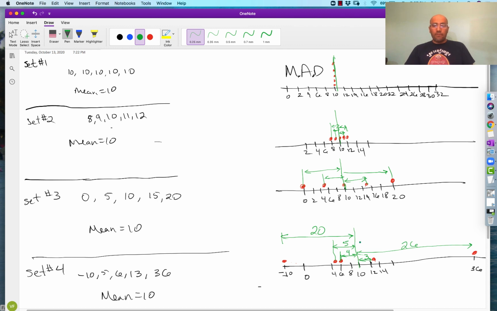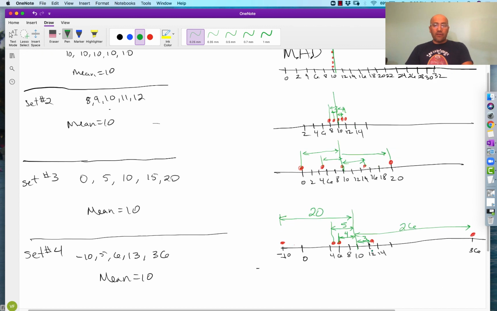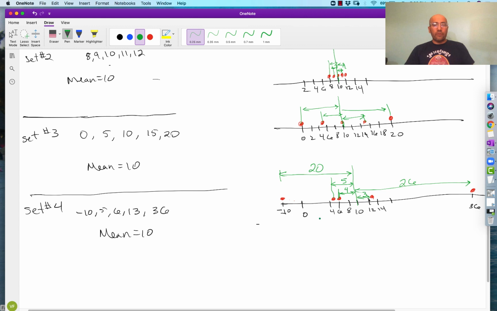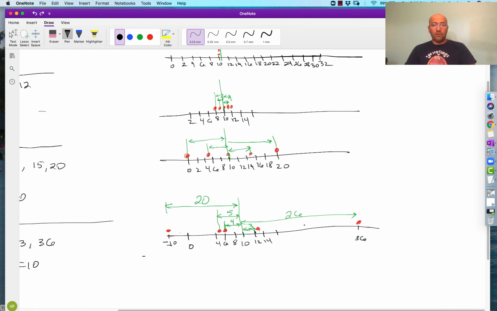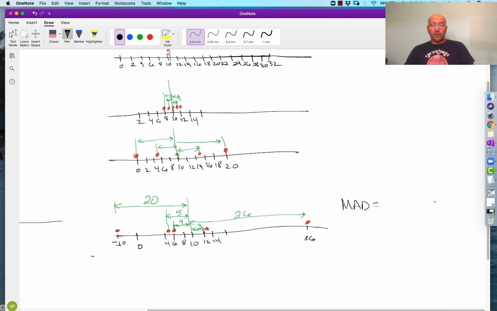Good? Okay. What we're going to do is take all those distances, add them together, and divide by the number of entries, and that will be the MAD value. So MAD for set number 4, well actually I'm going to put it to the side. For this set, the MAD value is going to be equal to all those distances.